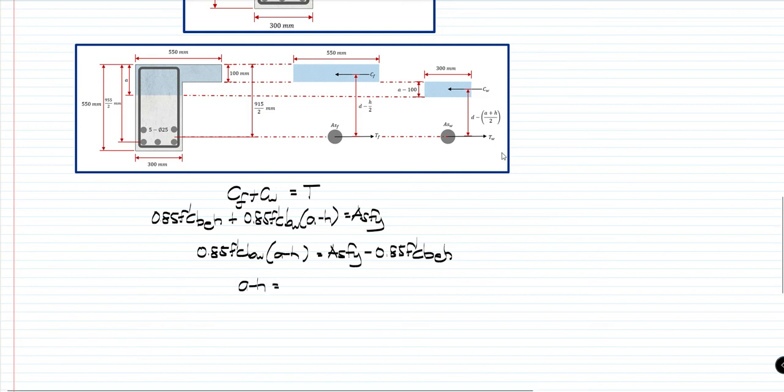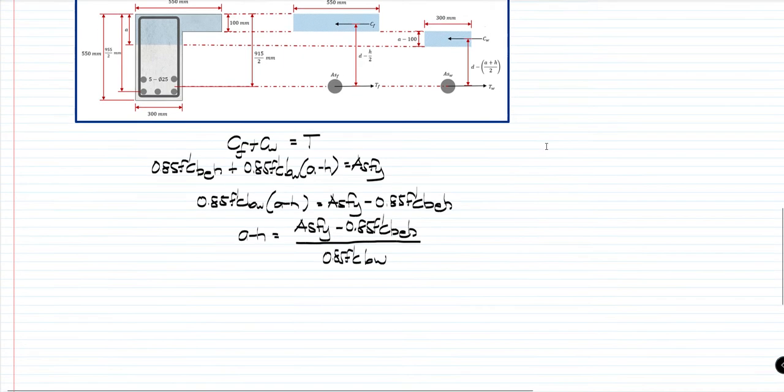That is equal to ASFY minus 0.85 F prime C BEH divided by 0.85 F prime C BW.